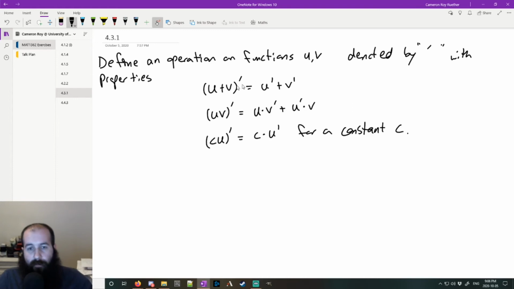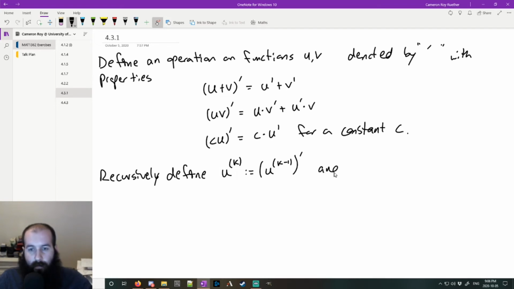Now with this prime function defined, we will recursively define a function u in brackets to the k as equal to u in brackets to the k minus 1, prime. So really what this means is that it's u with prime applied k times.